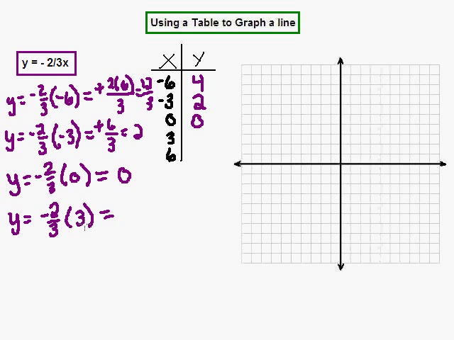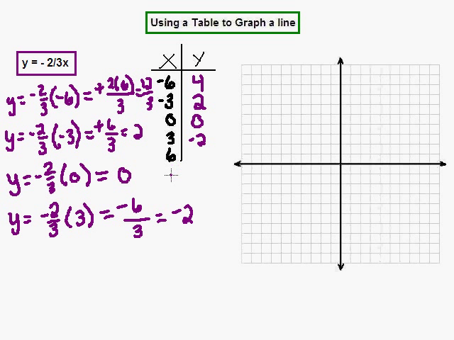Now a negative times a positive is a negative. So 2 times 3 gives me 6, divided by the denominator 3. Negative 6 divided by 3, negative divided by a positive is still negative. 6 divided by 3 gives me 2. So when I substitute 3 in for x, I get negative 2 as my y value.